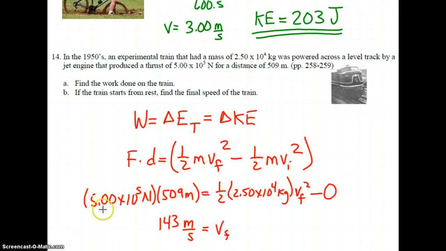We substitute: our force is 5 times 10 to the fifth, the parallel displacement was 509 meters, and 1/2 mass vf squared. The train starts from rest, so the initial kinetic energy is 0. Solve for vf, and we should get 143 meters per second.